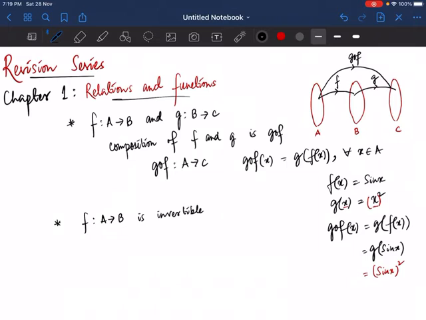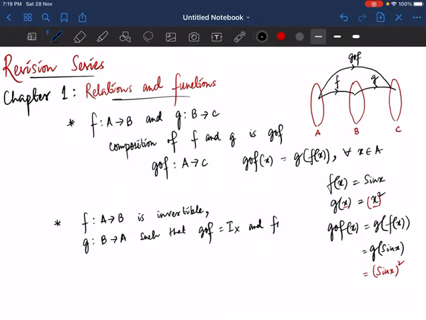The criterion is that there exists another function g from B to A such that g of f is equal to Ix, where Ix is the identity function, and f of g is equal to Iy.